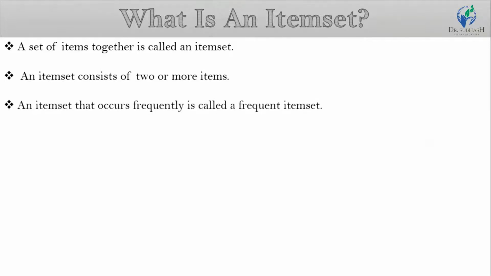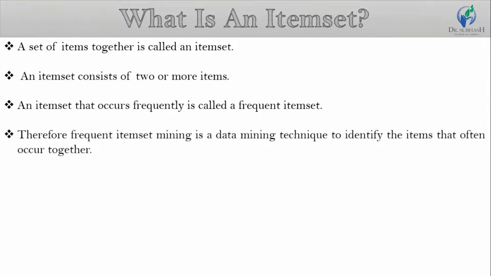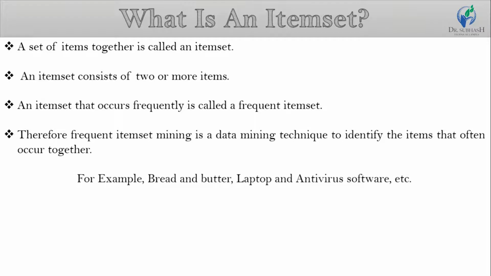An item set that occurs frequently is called a frequent item set. Therefore, frequent item set mining is a data mining technique to identify the items that often occur together. For example, bread and butter, laptop and antivirus software, etc. are examples of item sets.